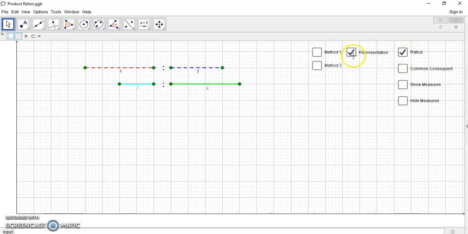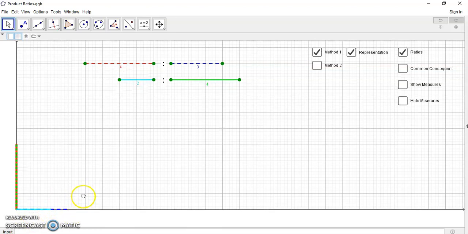What we see happening is this. We have two methods, both of which need to be valid in order for the product to be true. As you can see over here, we leave the first ratio as it is, antecedent to consequent, okay? And we flip the consequent with the antecedent.